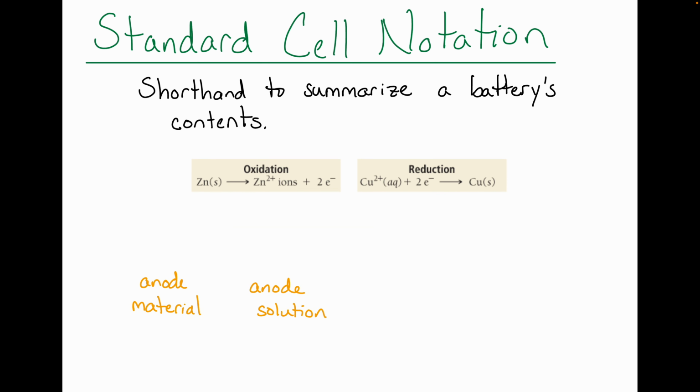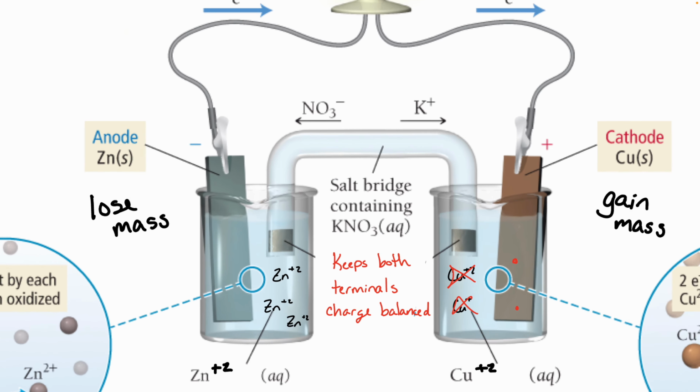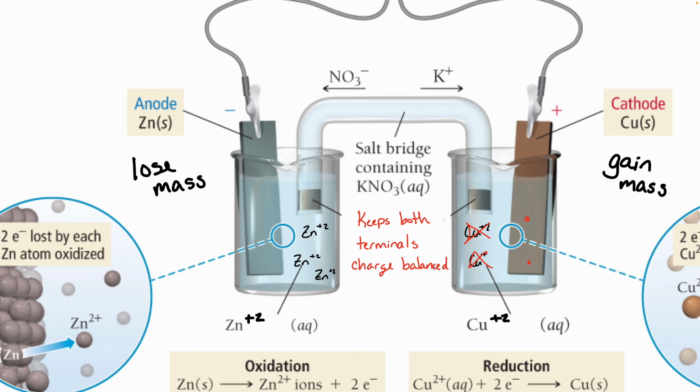What is it that makes up that solid piece of our anode? That is our zinc metal, and our anode solution is those zinc ions.